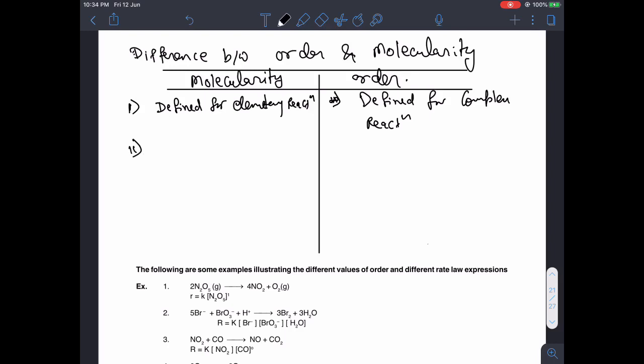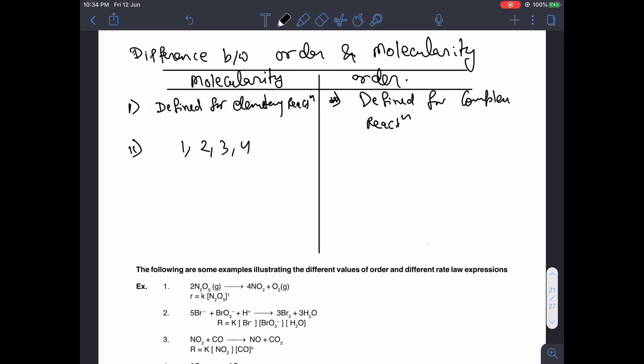Second, the value of molecularity will be a proper integer value. It will be either 1 or 2 or 3 or 4, because the number of molecules or species which are going to attack can never be a fraction, right? You can't expect that half a molecule of A will come and collide with B, no.